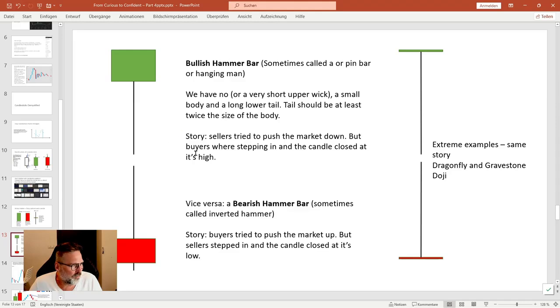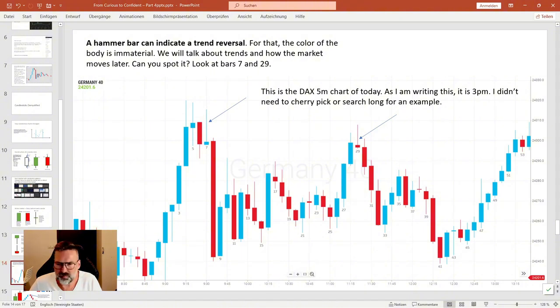Oftentimes when you see something like that on a chart, that indicates a trend reversal. And I will show you that the market doesn't move in a straight line. It moves in what we call swings. It looks like waves, up and down and up and down. Swing high, swing low, swing high, swing low.